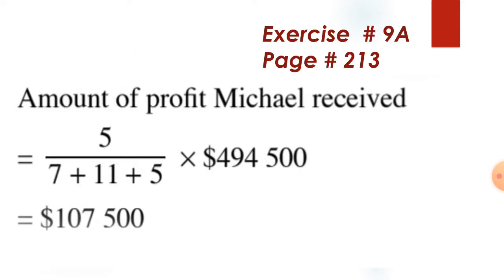The last one is the amount of the profit Michael received. 5 was the ratio, 5 over 7 plus 11 plus 5, multiplied by 4,94,500. We calculate these numbers and we get $1,07,500. That is the profit these three men were going to get from the company.